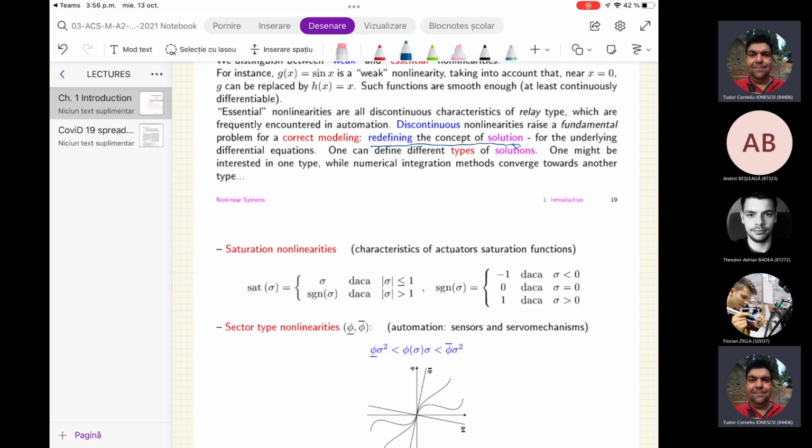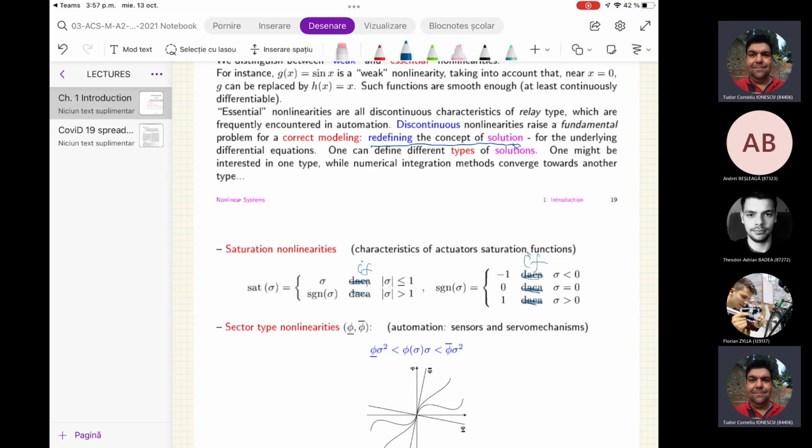So we have saturations, looking like this. Saturation of sigma is sigma if the absolute value of sigma is less than 1, and sign of sigma if it's larger than 1.